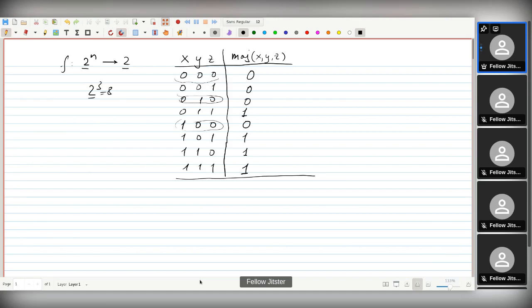Should we consider some more interesting functions? Let us do so. Say, let us take this function which is known as Schaeffer's stroke. A stroke B, which is known as Schaeffer's stroke.